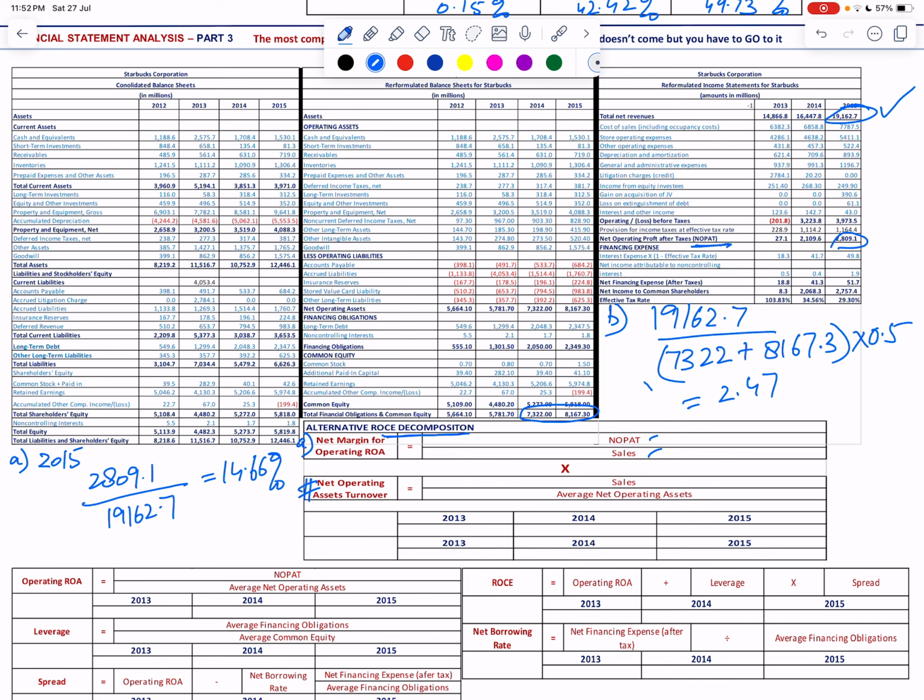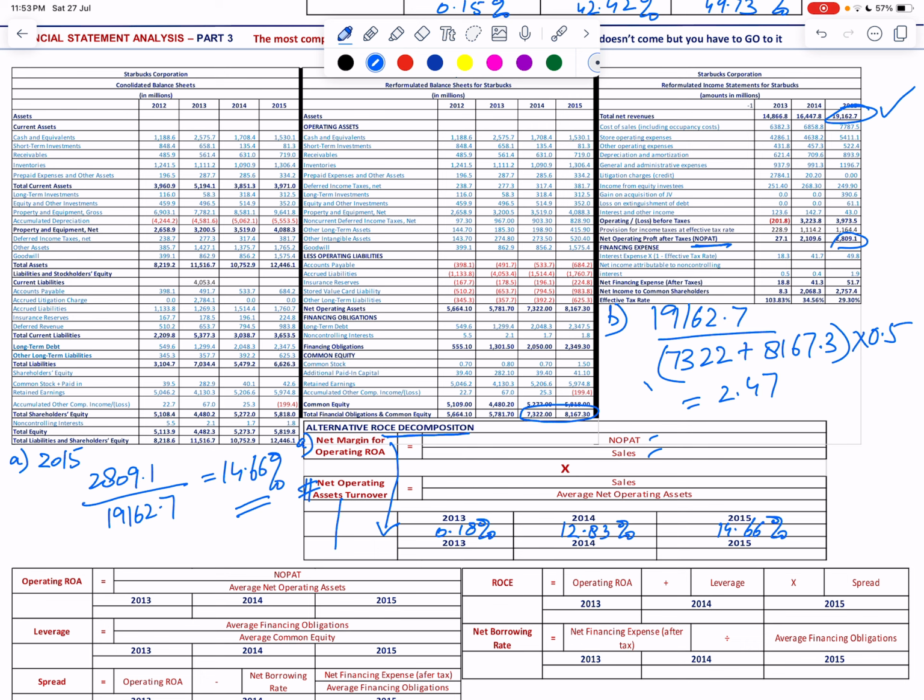Okay, so the net margin for operating return on assets, we have calculated this as 14.66%, and for 2014 you can calculate in the same way, 12.83%, and this will be 0.18%.